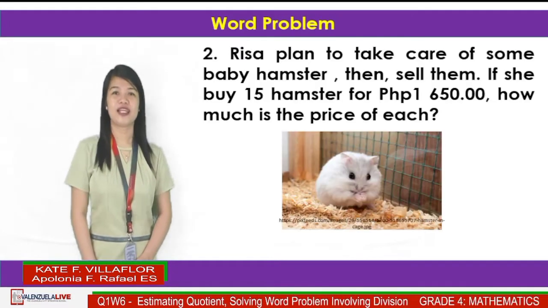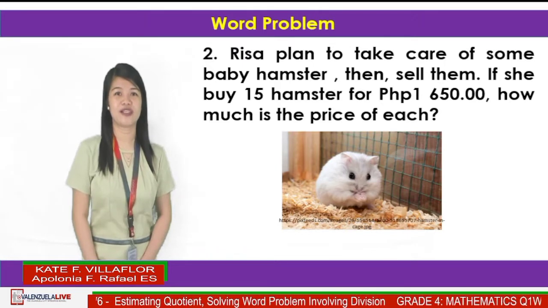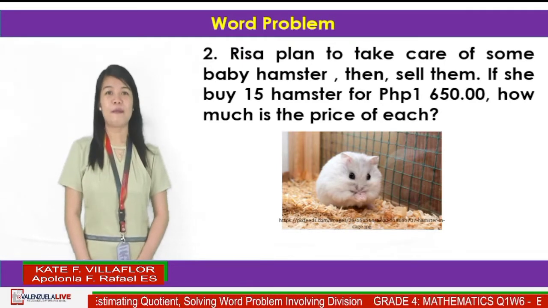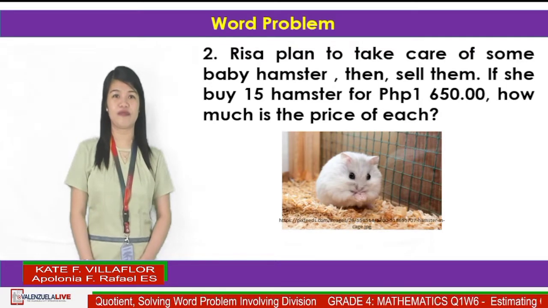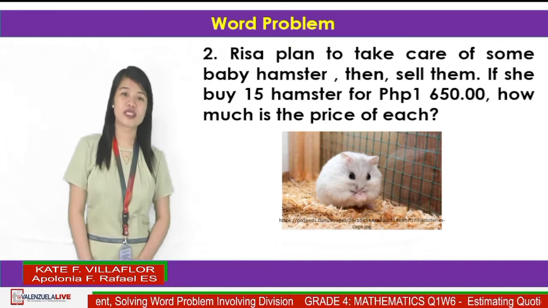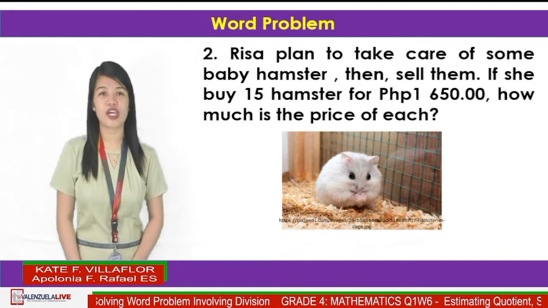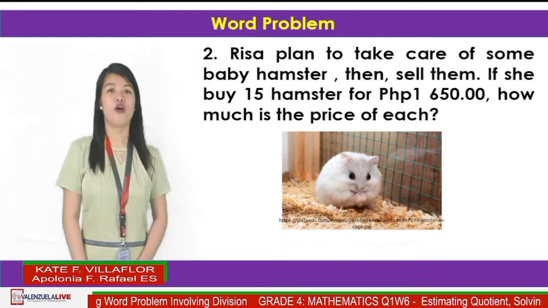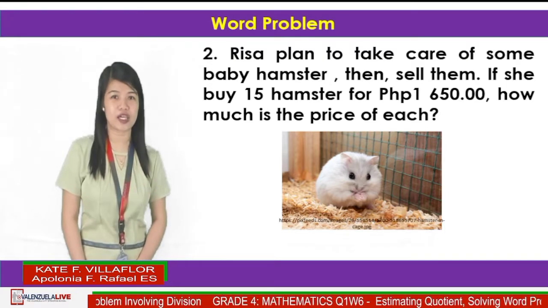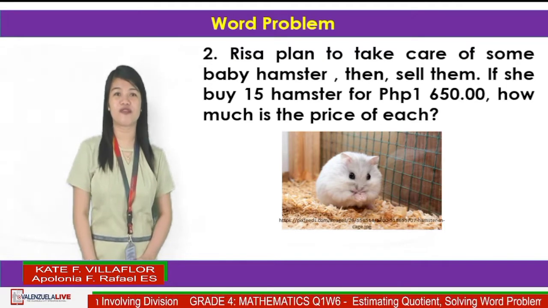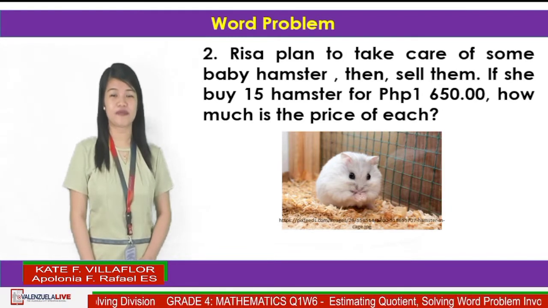Okay. Let's have number 2. Lisa planned to take care of some baby hamsters. Then, we're going to sell them. If she buys 15 hamsters for 1,650 pesos, how much is the price of each?